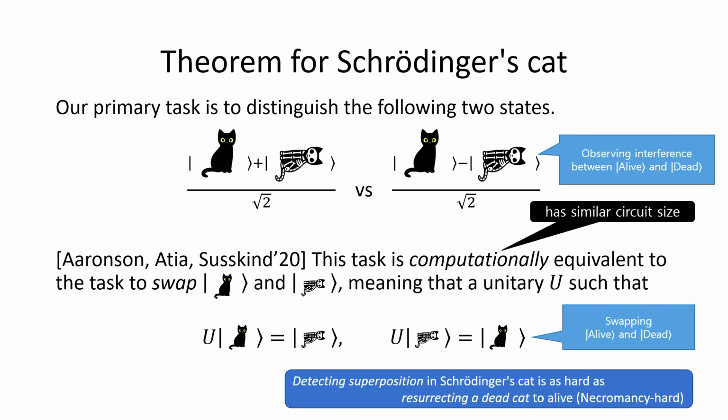By this interpretation, Aaronson argued that observing the superposition in a large state is computationally hard because we cannot resurrect the dead cat.